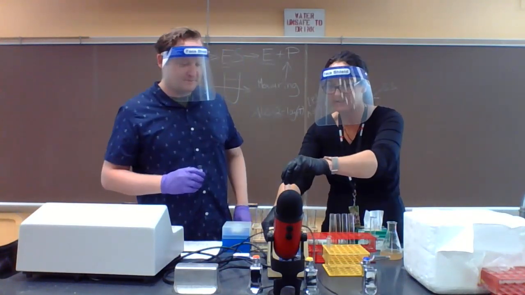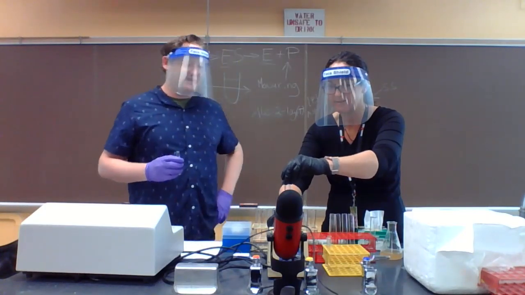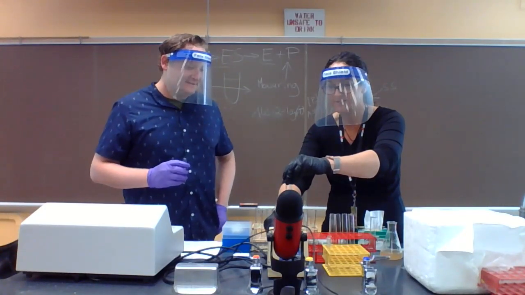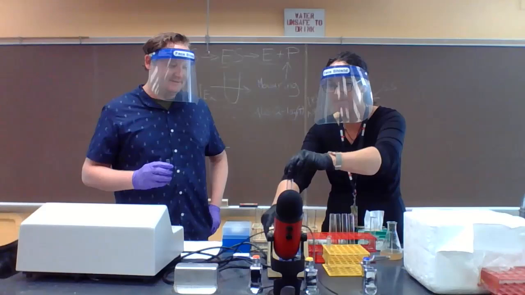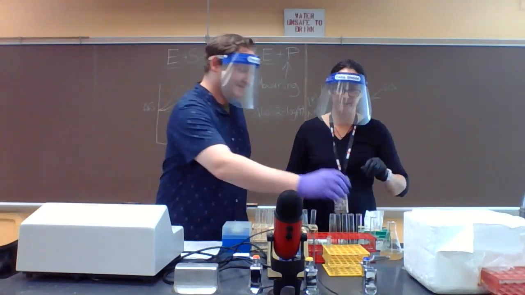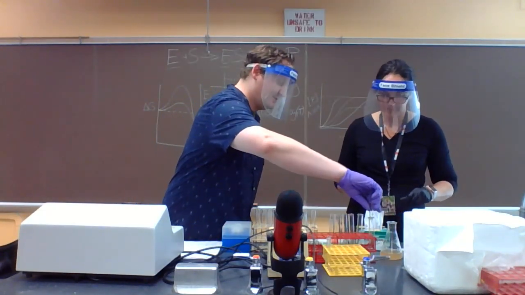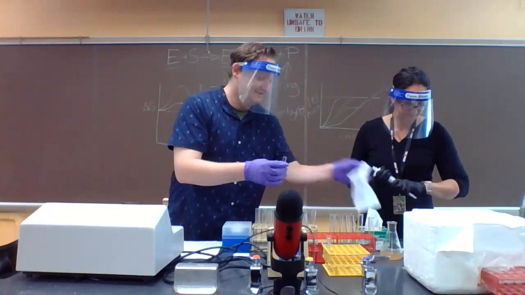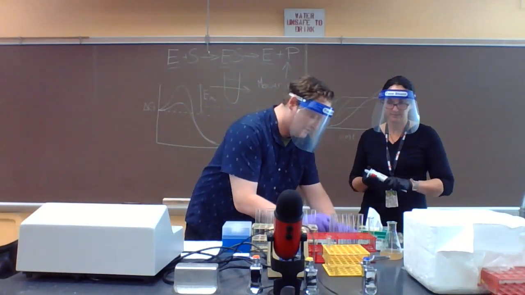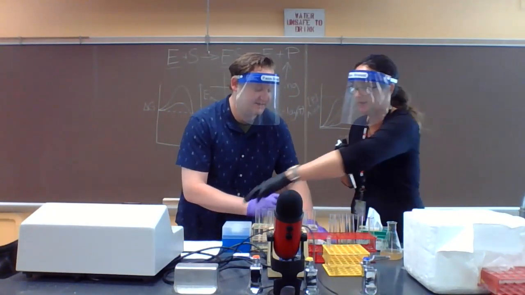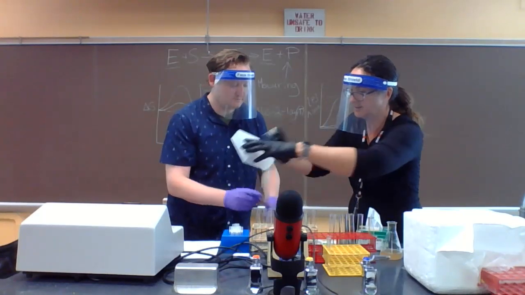Let me just do a little test here. Might as well, yeah. We gotta get that dialed in. There we go. I'm just checking to make sure it's not going to come out when I have it mixing. Okay, Jonathan. Okay, here we go. Get this out for you.